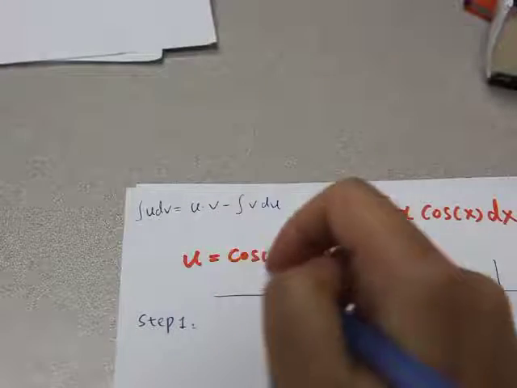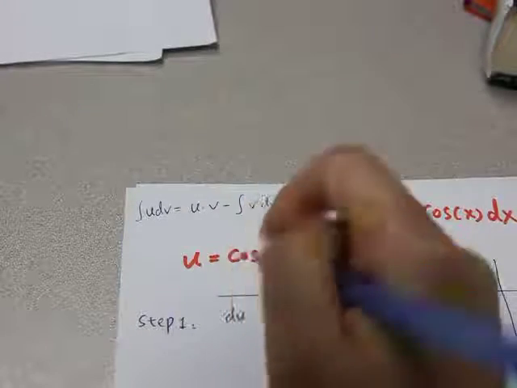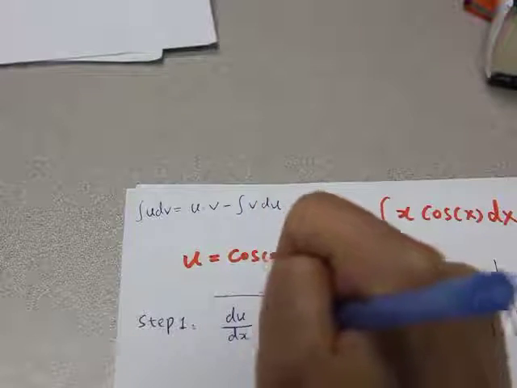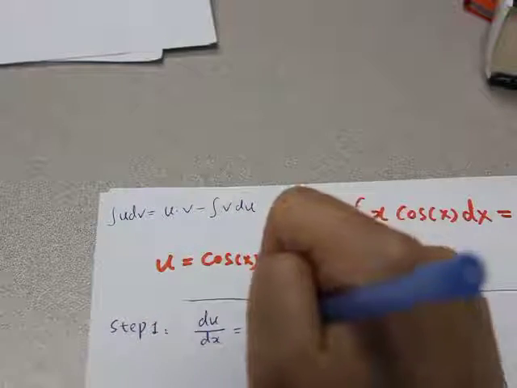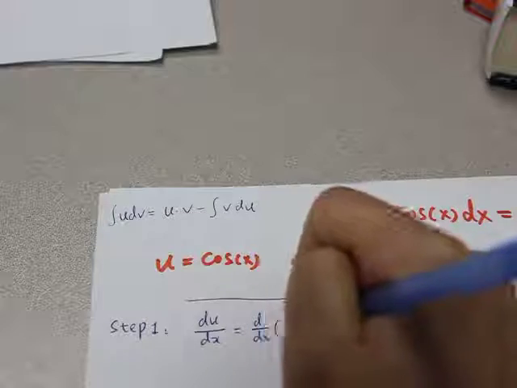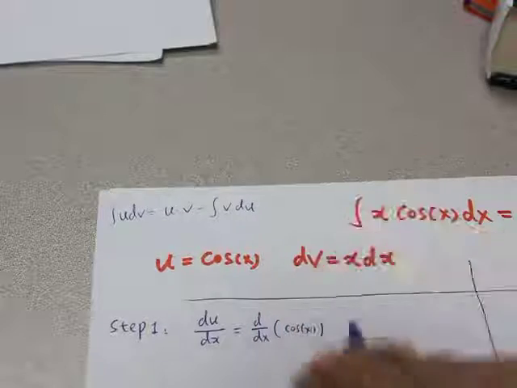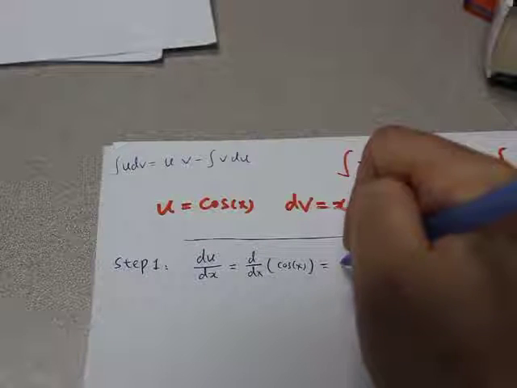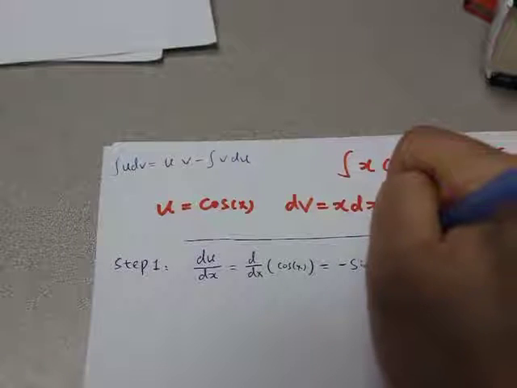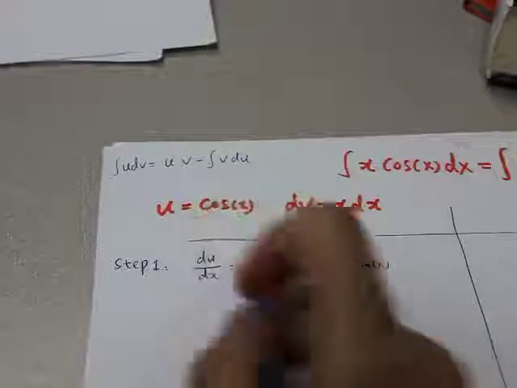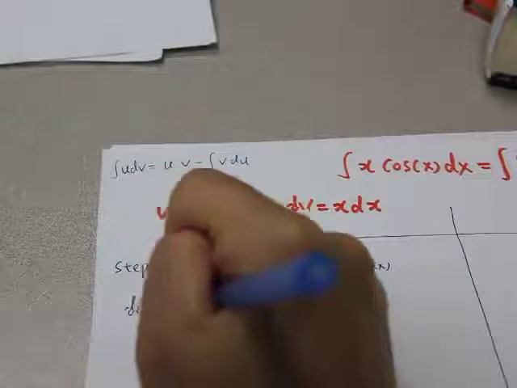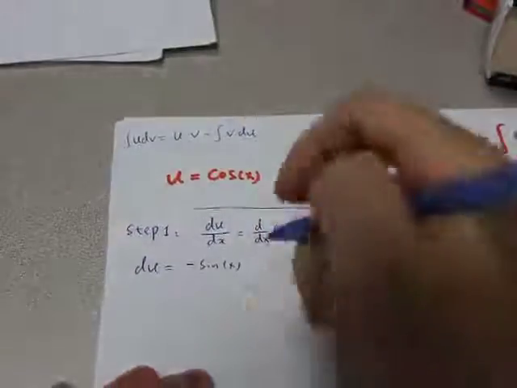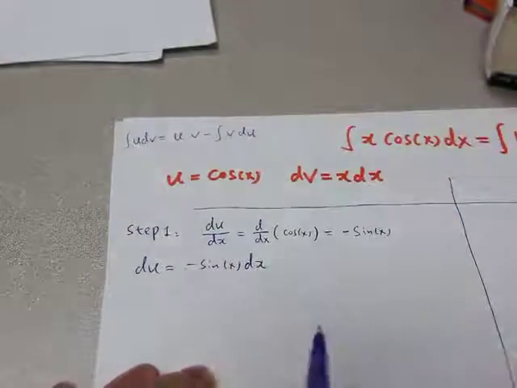So to find du, we differentiate this function with respect to x. So we take the derivative of cosine x. So we get negative sine x. Therefore, du equals negative sine x times dx.